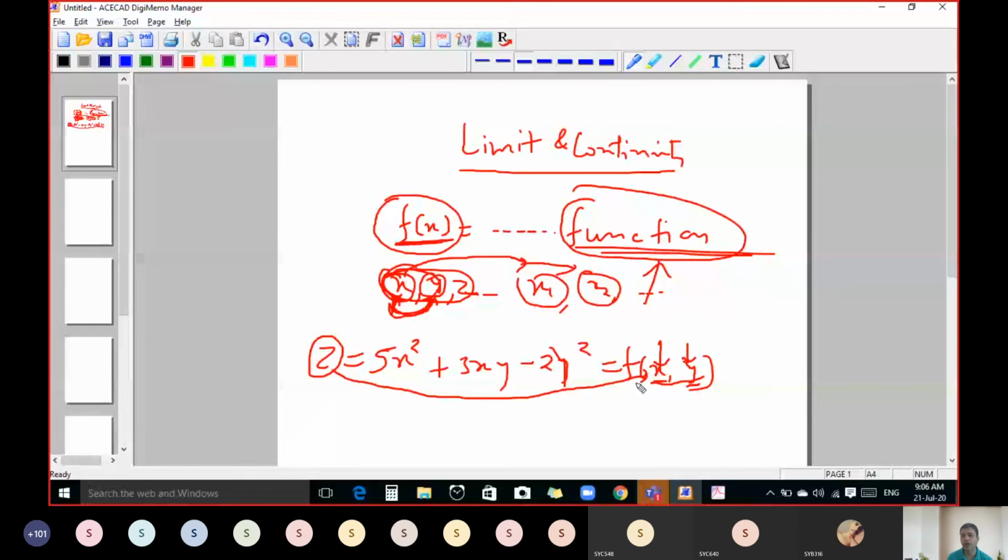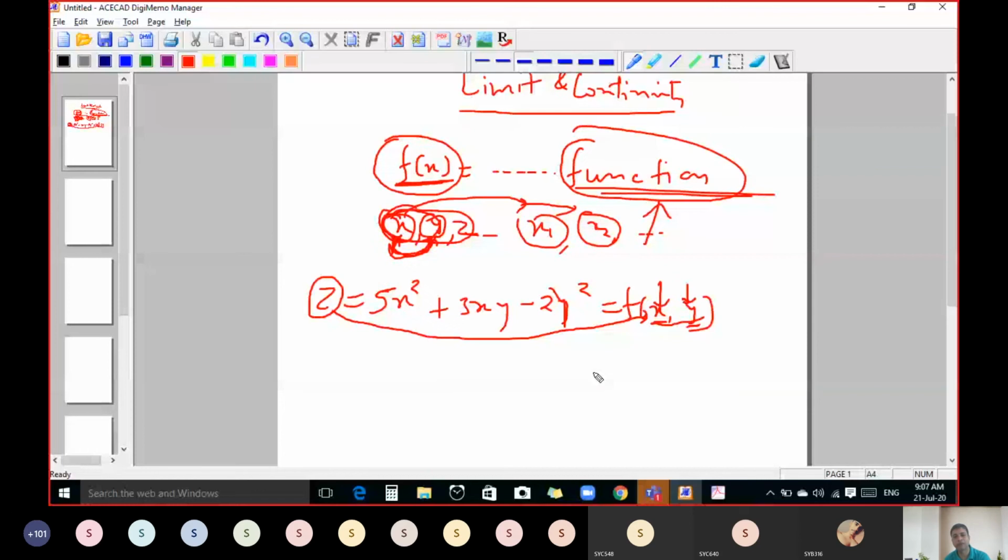X is rainfall and y is the fertilizer, or you can say that fertility of the land, or you can say that y is the skill of the farmer and x is the availability of water supply. So the yield of crop depends on these two variables x and y. If we are able to convert that relationship into some mathematical form, then that mathematical form is known as the function.